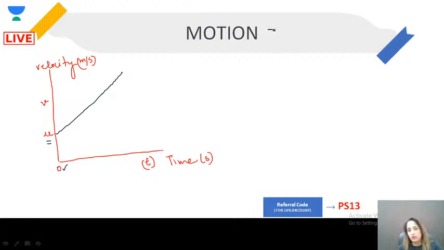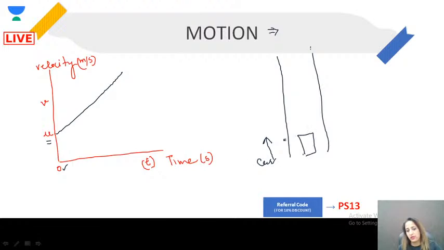So now what do we do in these motion equations? So we want to calculate, let's see, I'll give an example. For example, there is a path, and there is a car over here, and it starts from this velocity which is u, and it reaches here, and here its final velocity is v, right?